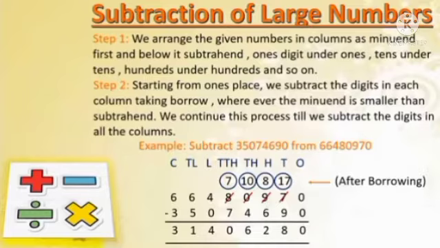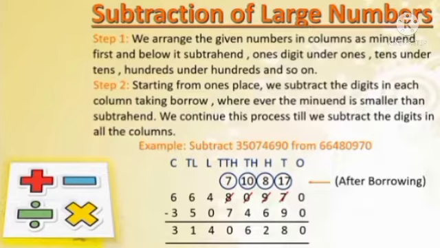So 8 minus 6 is equal to 2. At thousand place, again 0 minus 4 is not possible. So we will borrow from 10,000 now. The number at thousand place will become 10, and 10 minus 4 is 6. At 10,000 place, the number left is 7. So 7 minus 7 is 0.